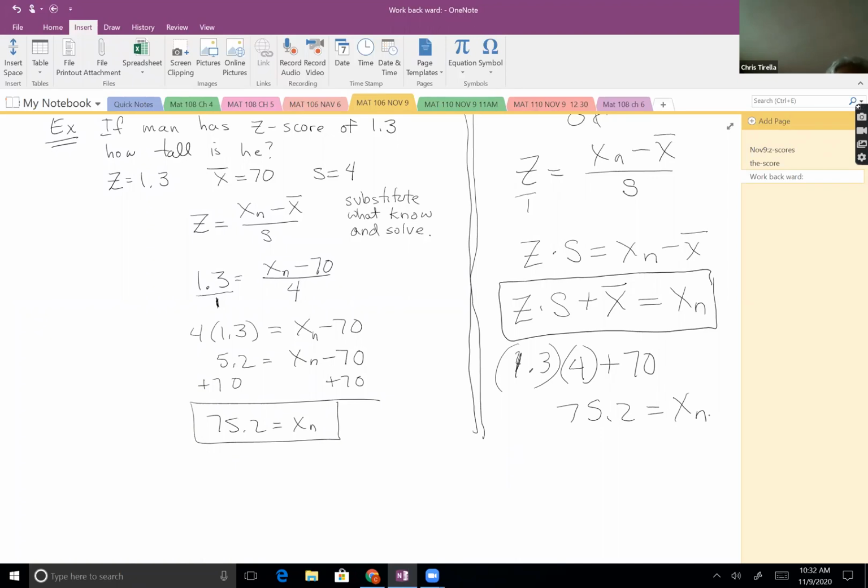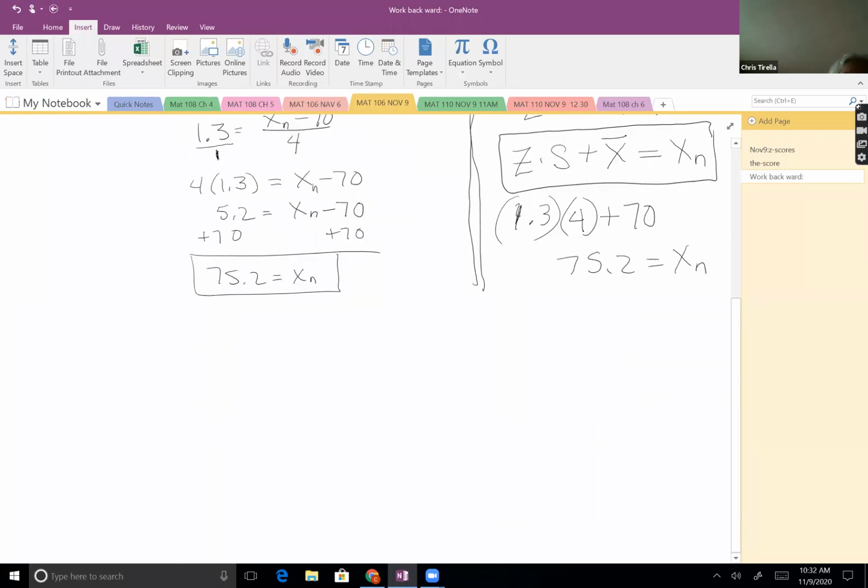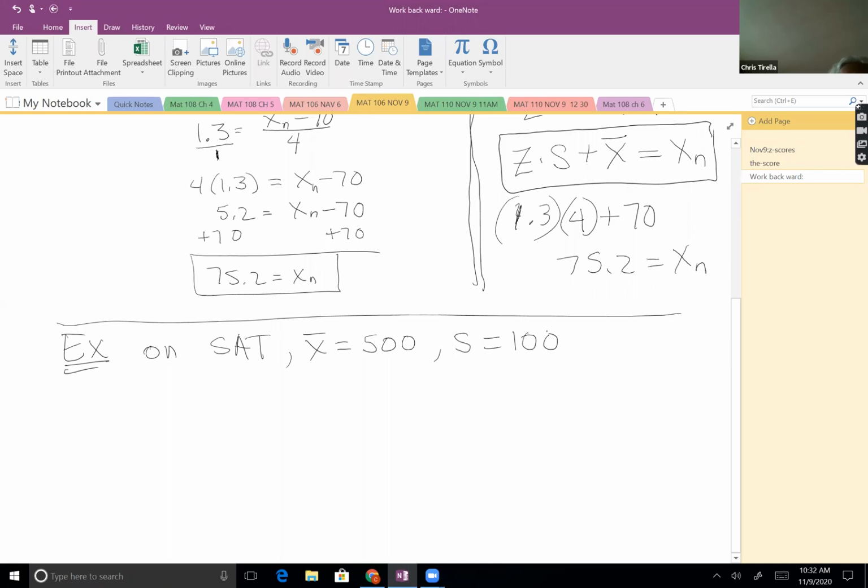So let's do one more example like this. Let's, for our example, say on the SAT, which again has a mean of 500 and a standard deviation of 100.